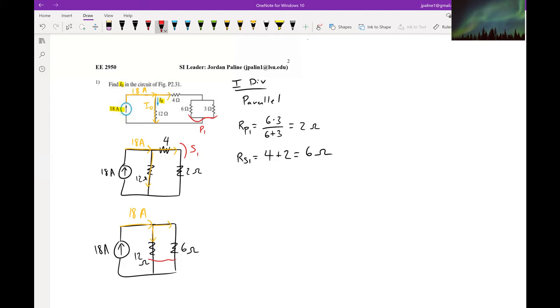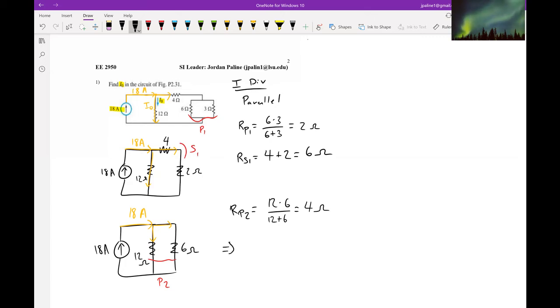Okay. And then finally, we see that these two are in parallel, so I'll call that parallel 2. So R parallel 2 is equal to 12 times 6 over 12 plus 6. Which should give us 4 ohms. Okay.